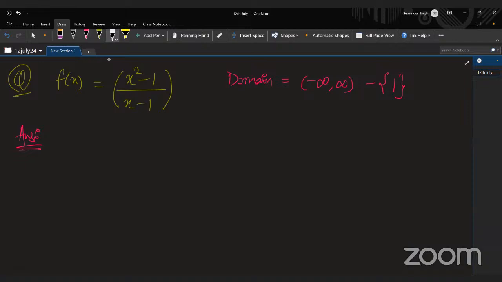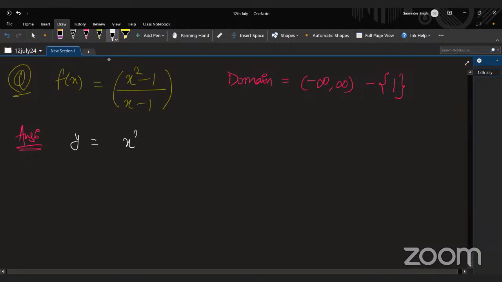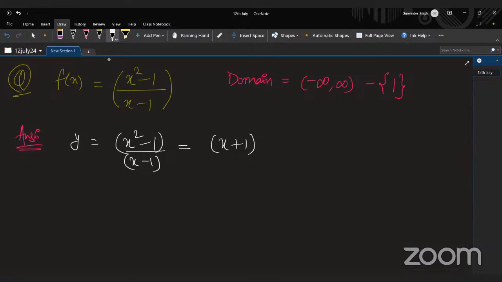Okay, great. So I did this thing, right? Now, do you guys see something over here? If x is not equal to 1, can I write this thing as x plus 1? Because if x is not equal to 1, I can say that the denominator is not 0.